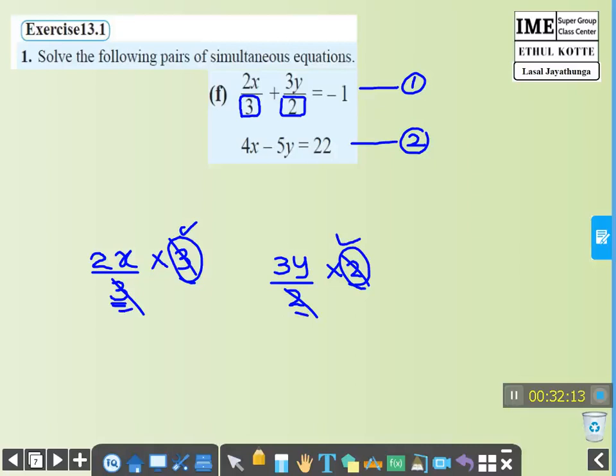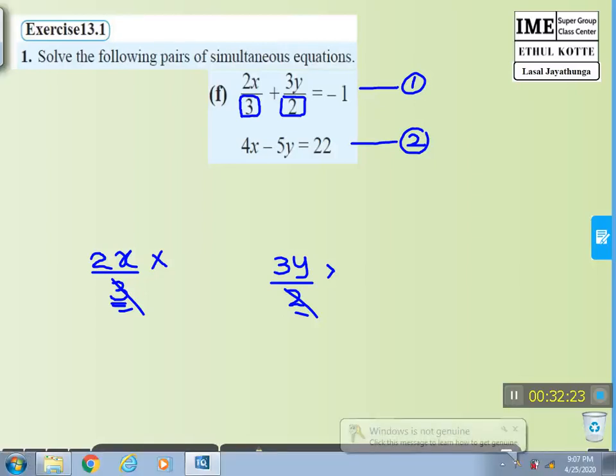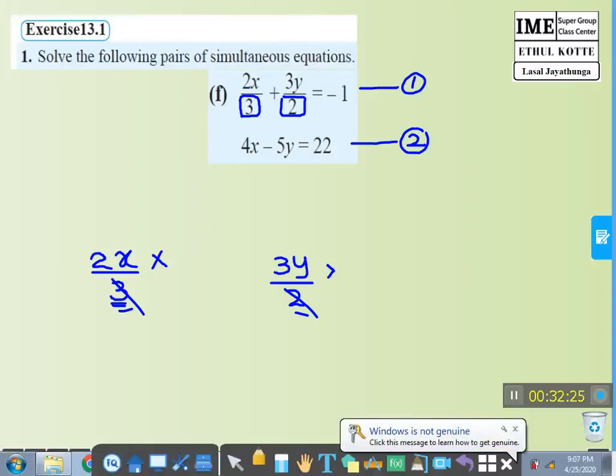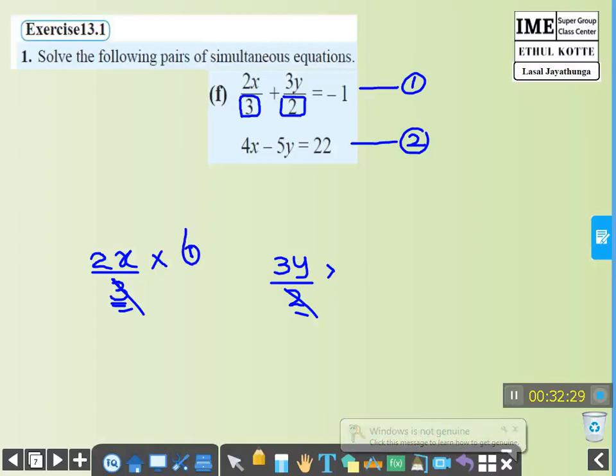So we can't multiply with two different numbers. You should multiply by the same number. The target is to cancel 3 and 2. Can you decide a common number? Multiply by what? Multiply by 6.